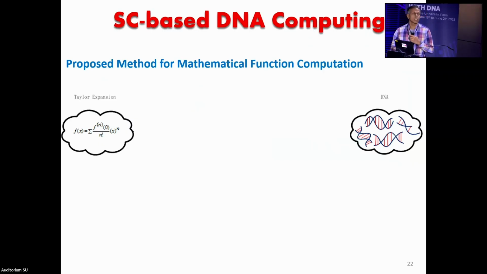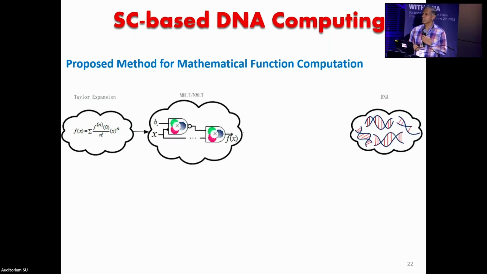So our method is, first, we have the function that we want to implement. We obtain the series expansion of that, like Taylor series or Maclaurin or whatever series expansion that we want. And then we map this expansion to a cascade of AND gates and NAND gates that we introduced earlier in molecular implementation.